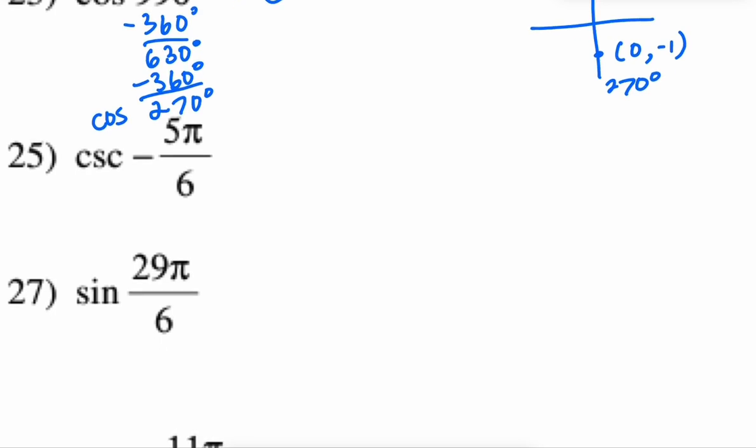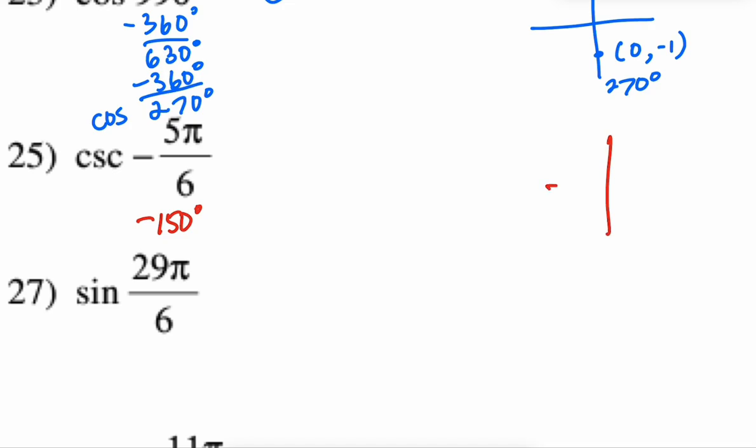Negative 5 pi over 6. Well, that's related to 30. Remember, pi over 6. We're going backwards. Pi over 6 is related to 30, so 5 30s, we're going backwards 150. So I do tend to do my mathematics in degree mode because my brain remembers degrees, uses degrees a little nicer.